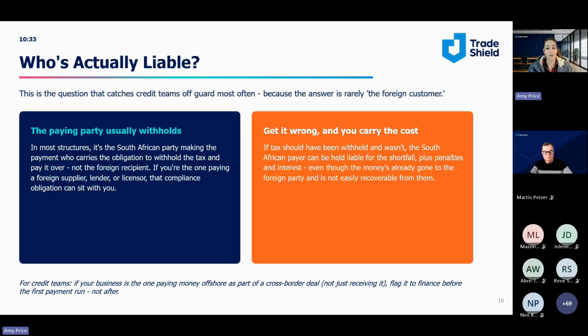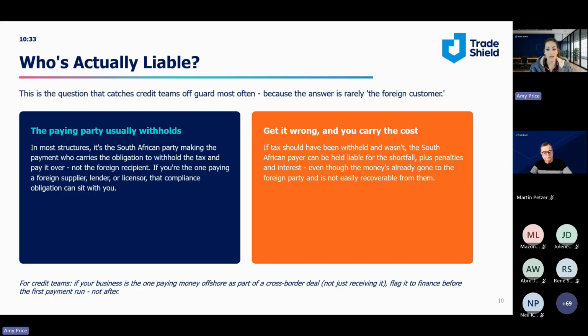The money has already gone to the foreign party and isn't sitting in an account waiting to be corrected. Trying to claw this money back from an offshore counterparty after the fact can be very difficult, and has a very different set of steps to follow if you've incorrectly charged or not charged withholding tax.